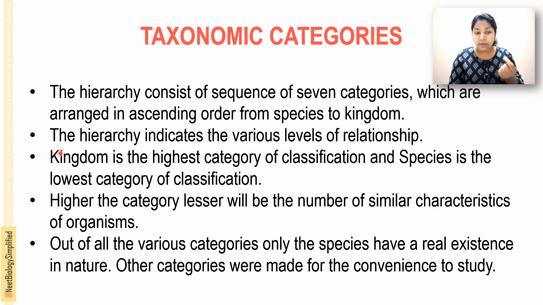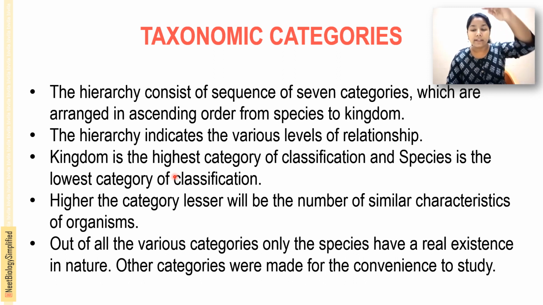In the taxonomic classification, kingdom is the highest category and species is the lowest category. At the base, the lowest category is the species, and it increases up to the highest level of category, which is the kingdom.